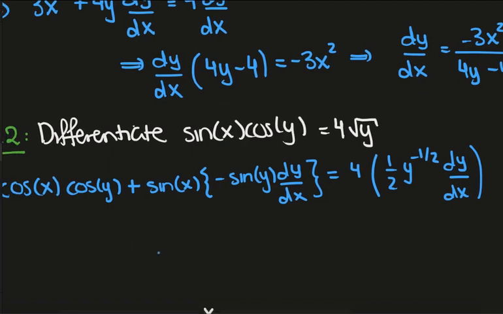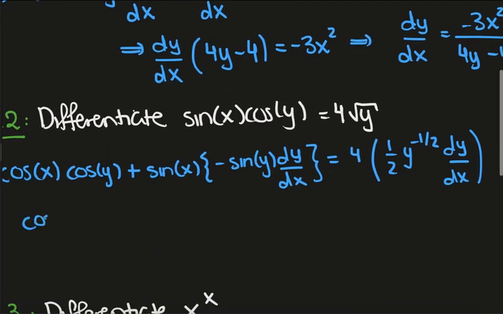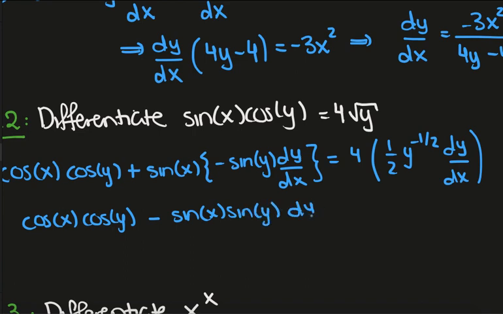Simplifying this a little bit, we'll get cos x cos y minus sine x sine y dy on dx is 2 over the square root of y times dy dx.